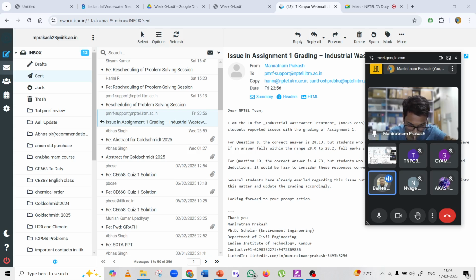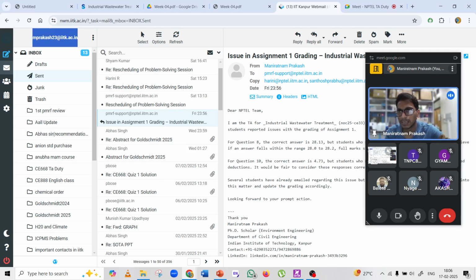I have also emailed you, but your email is not actively working. Can you check it? No, I have not got any email. See, this is my email ID. Just take a screenshot or anything.